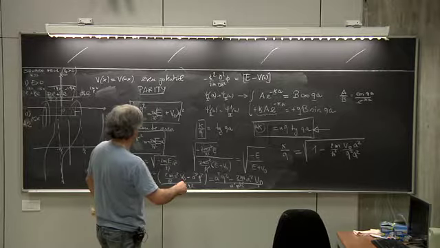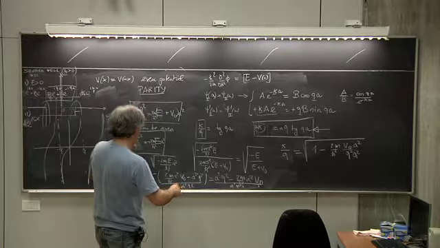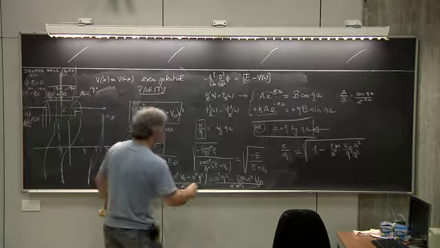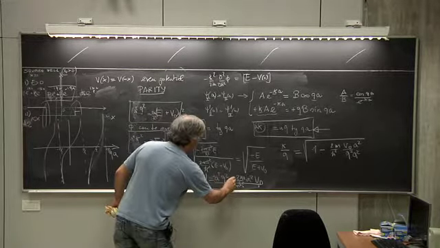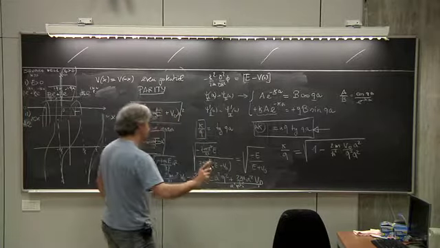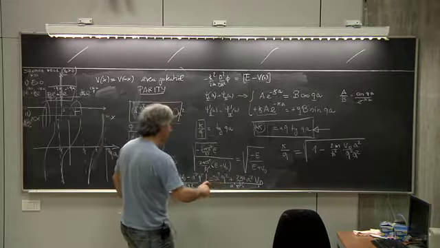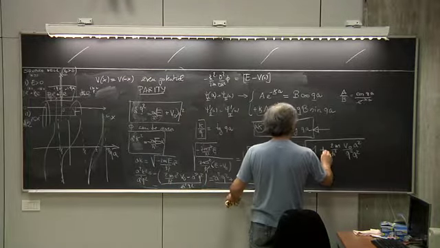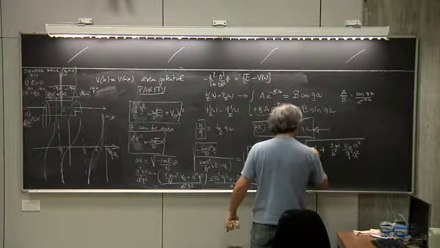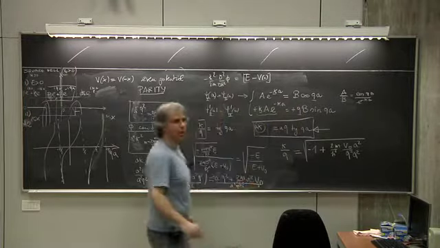You are right. So this is a minus probably, and this is a plus. Good, thanks. So this is now a plus, and this is a minus. Good. This is much better.